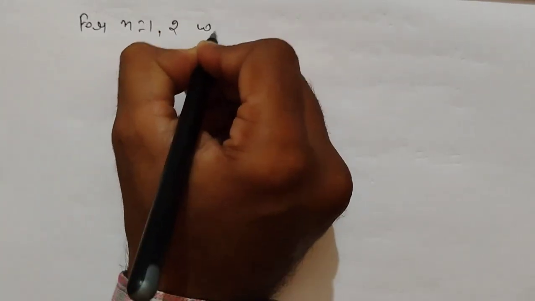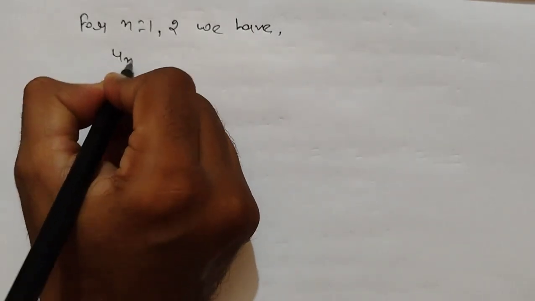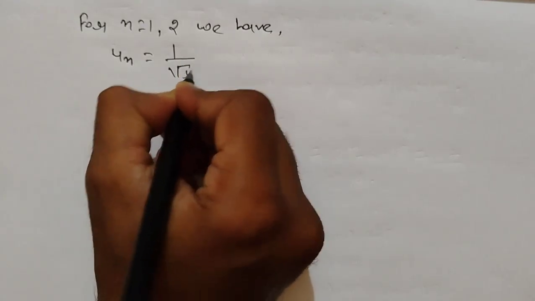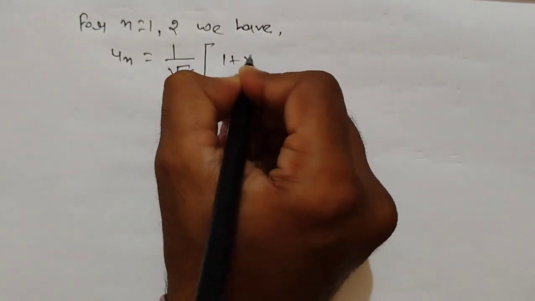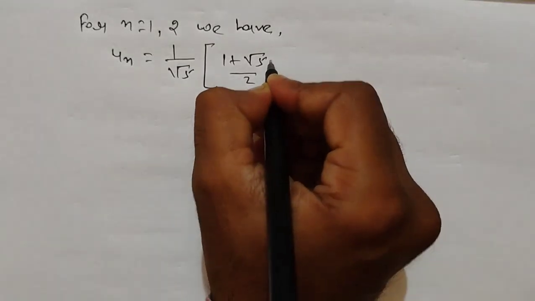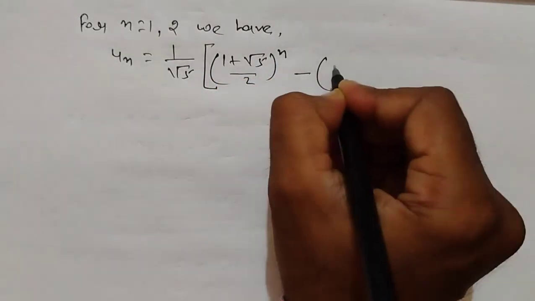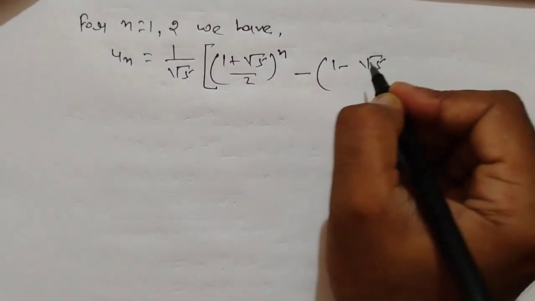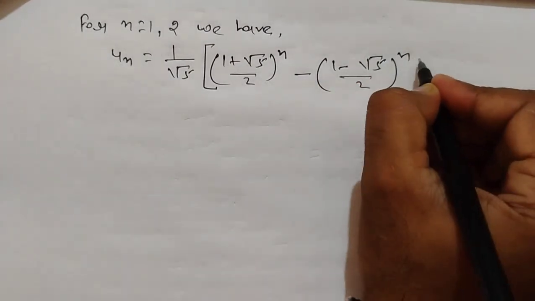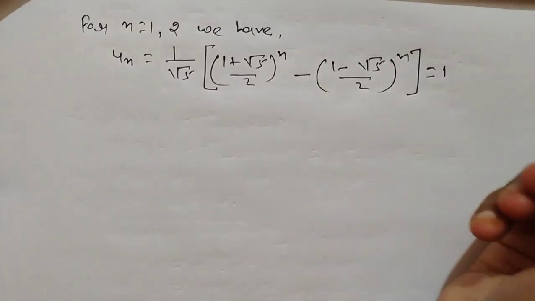So now to solve this, first of all, for n is equal to 1 and 2, we have simply un is equal to 1 by square root of 5, ((1 plus square root of 5) by 2) power n minus ((1 minus square root of 5) by 2) power n, and this is equal to 1.